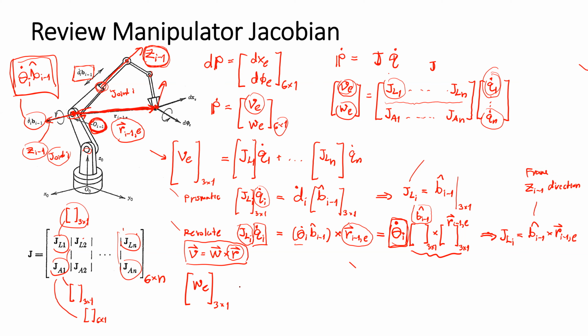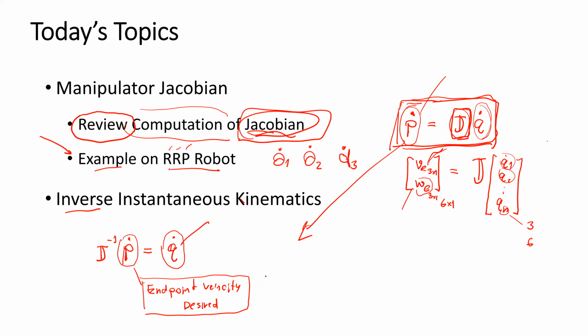Similarly, if we come back to see here, the omega at the end point can be composed from this product of the matrix. It means the Jacobian of angular velocity of joint 1 multiplied by the first joint speed.